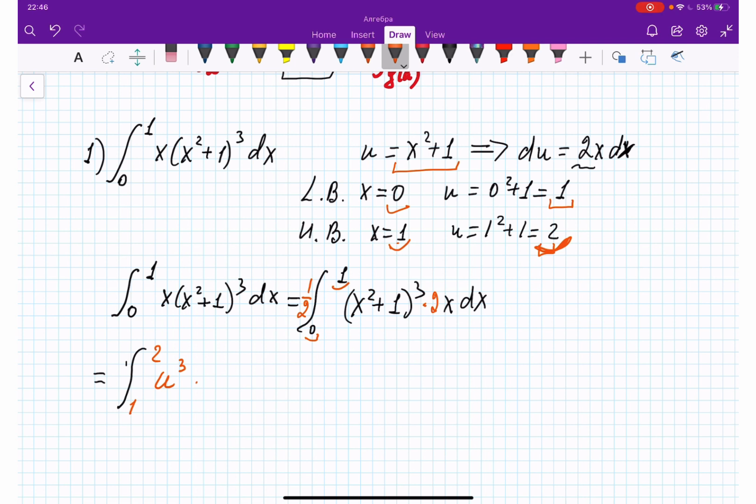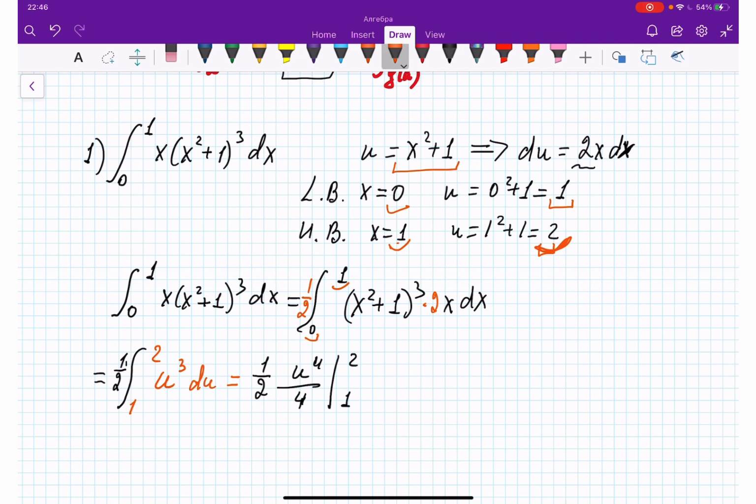And that is equal to 1/2, let me add this 1/2 here. All right, so this is equal to 1/2 times u to the power 4 divided by 4, with limits 2 and 1.